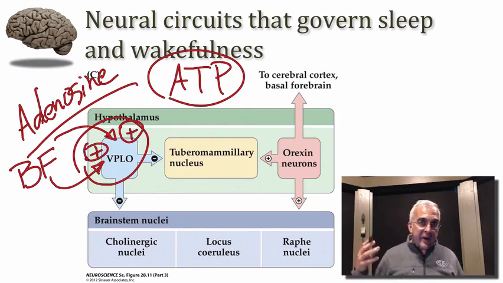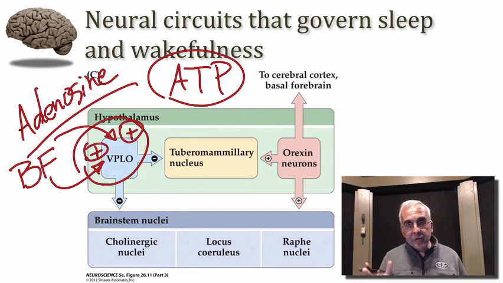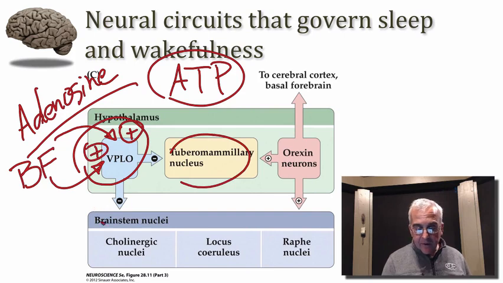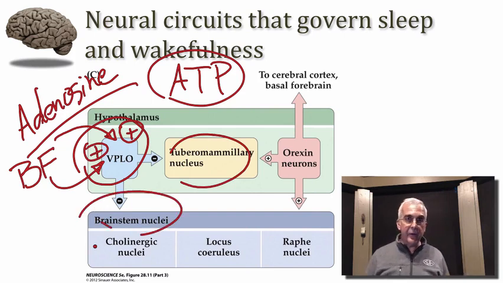So the basal forebrain then seems to play an important role in driving this sleep-promoting system that's coming out of the anterior hypothalamus, leading to a suppression of the posterior hypothalamus as well as these brainstem nuclei that are otherwise responsible for maintaining alertness in the conscious state.